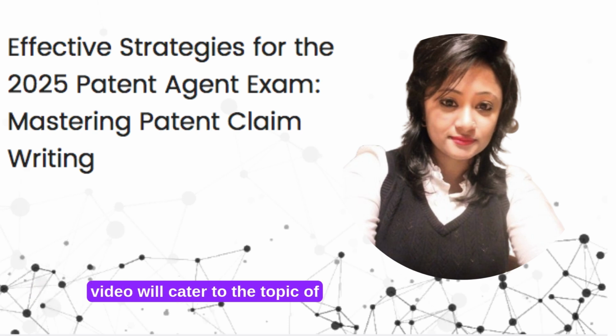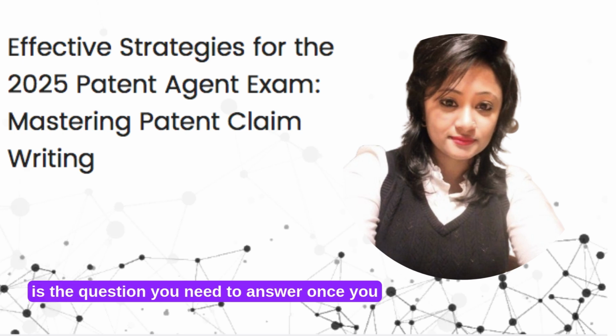Catering to the topic of patent claims, because the complete specification is part of the whole gamut of understanding IPR, I'll be discussing the patent claims. So how you understand the content of what should go under the heading of claims is the question you need to answer once you are writing that paper.